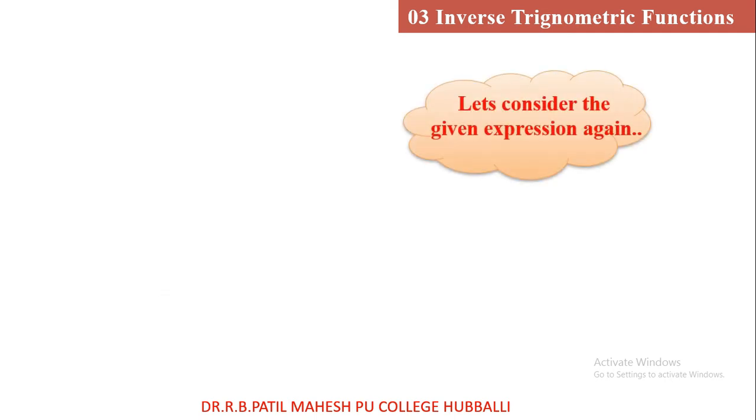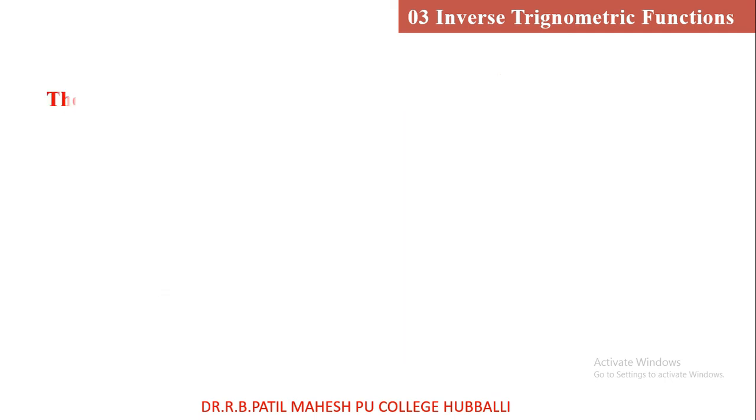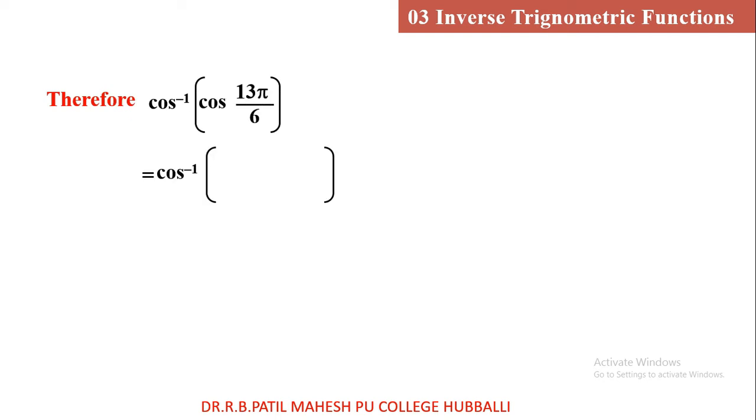So, you should consider the expression once again. Therefore, cos inverse of cos 13 pi by 6 is equal to cos inverse of cos, and very important, I am writing 13 pi by 6 as 2 pi plus pi by 6, because 6 into 2 is 12 pi plus pi will be 13 pi in the numerator divided by 6.